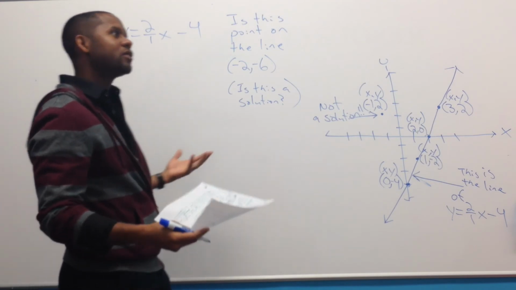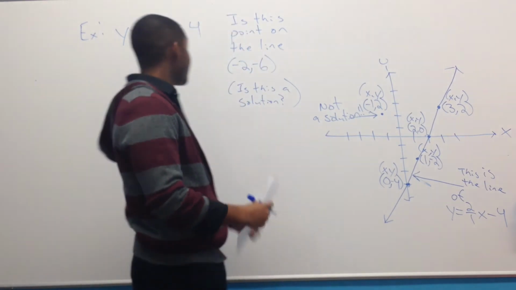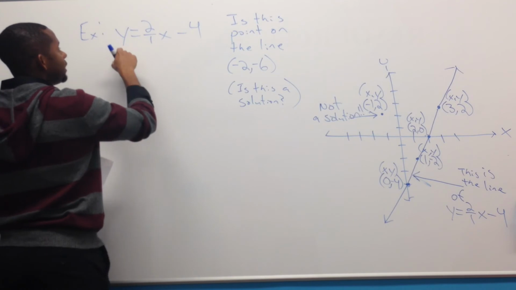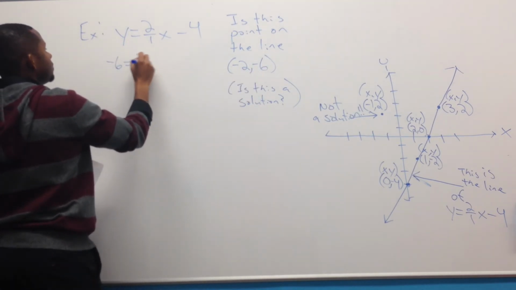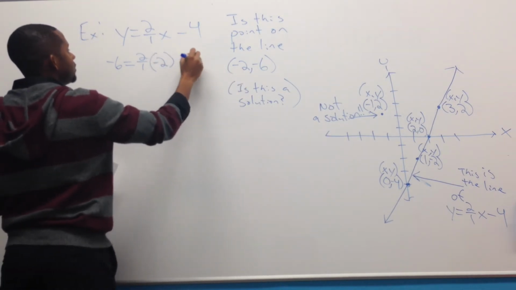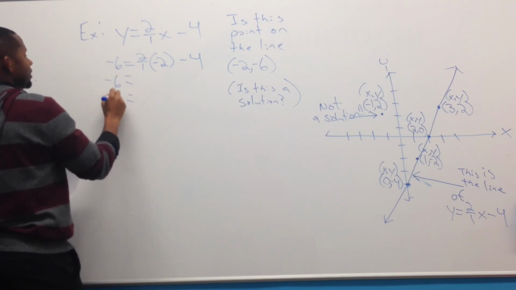You're thinking right now, Mr. Bass, I just plug it in. Exactly. So, boom, I go right here. I say, okay, I need y. y is -6. 2 over 1. x is -2. Let's see if this works. There's nothing to do on this side, so this is just going to be a whole bunch of -6's.